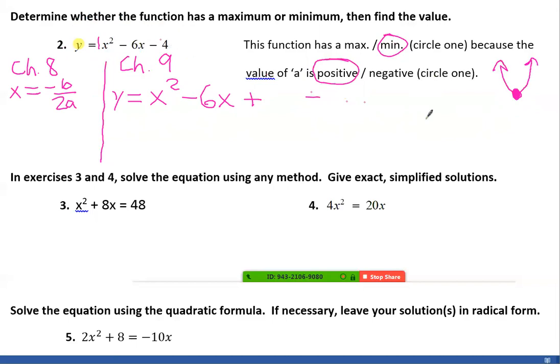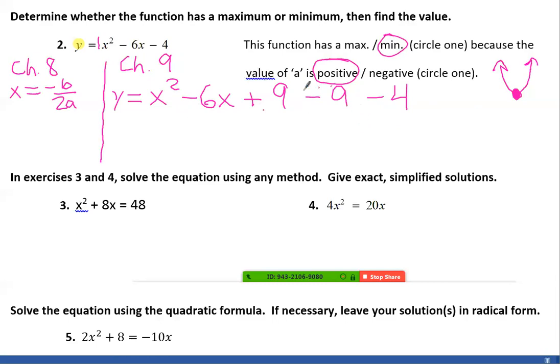And then there's already a -4 waiting for me at the end, right? The -4 is there. The 1x squared plus bx, this is the thing we're going to complete the square on. The -4 is not part of it. So we just leave it off to the side. What number am I going to add and subtract? Well, you take b, you divide it by 2, -3, you square it, you get 9. So we're going to add and subtract 9.